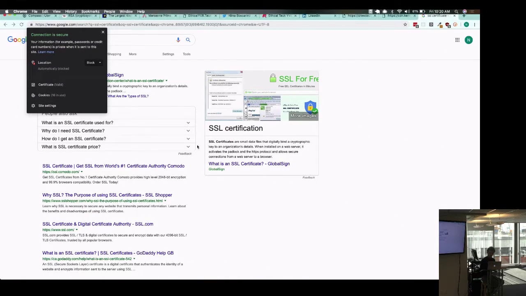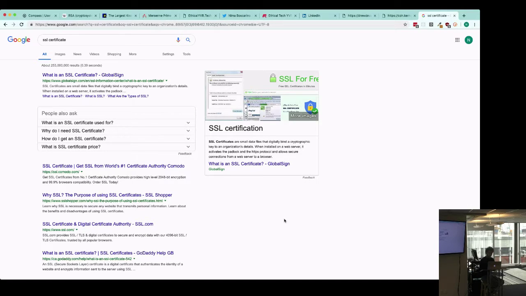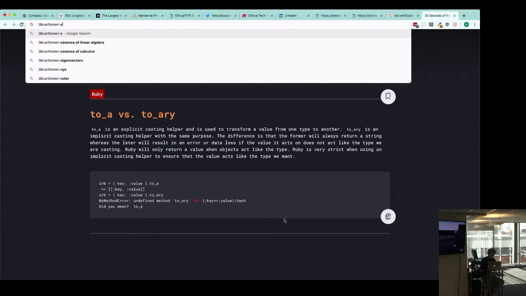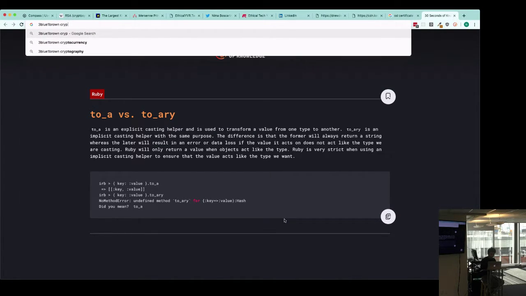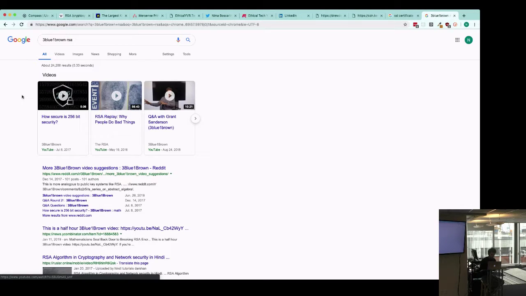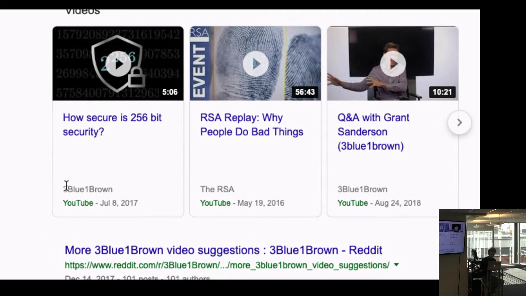Cool. Is this stuff vaguely cool to anybody? It's pretty neat. I would really recommend taking a look at 3Blue1Brown. Does anybody know 3Blue1Brown here?